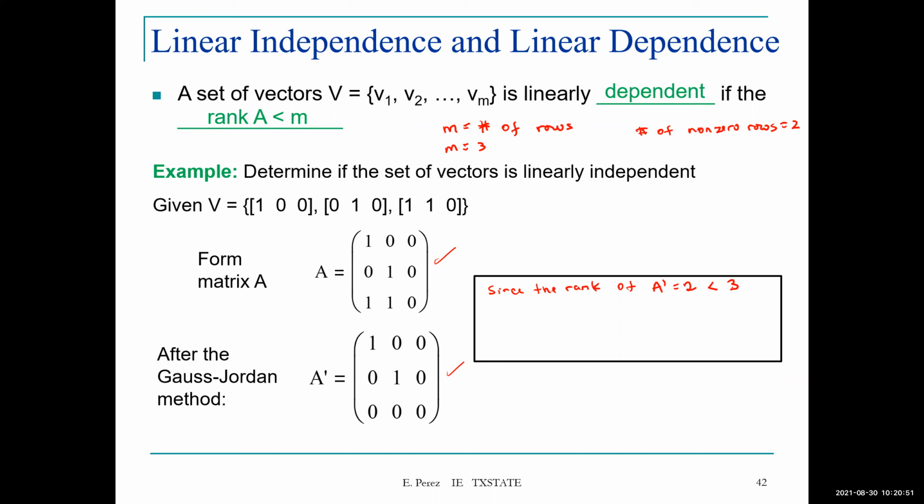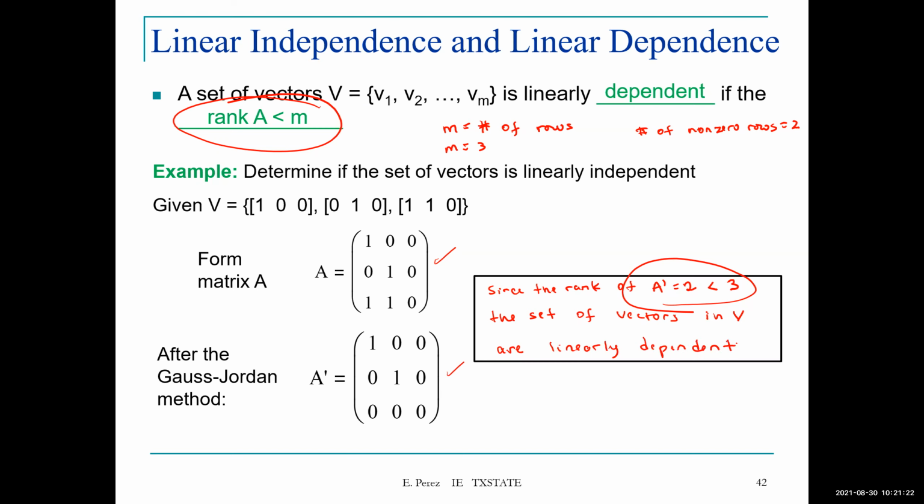So using this equation, we compare those values, and then the set of vectors in B are linearly dependent because the rank of A prime, which equals 2, is less than the number of rows of the original matrix.